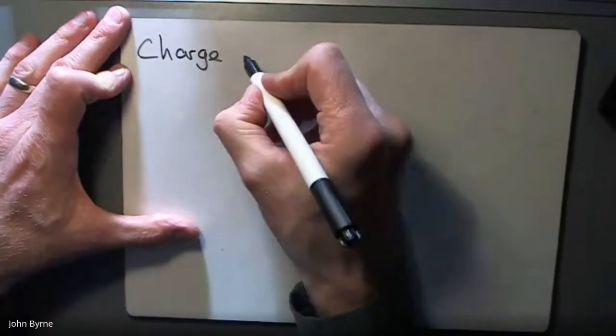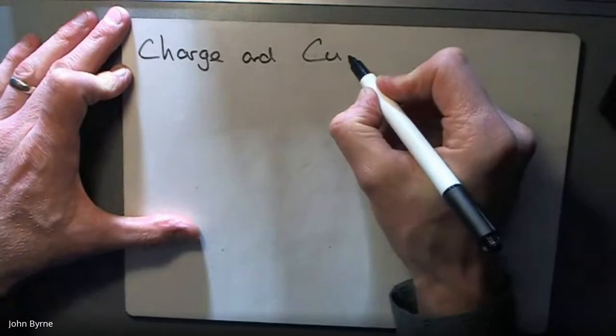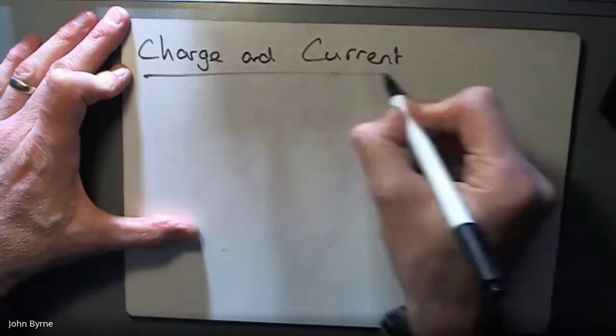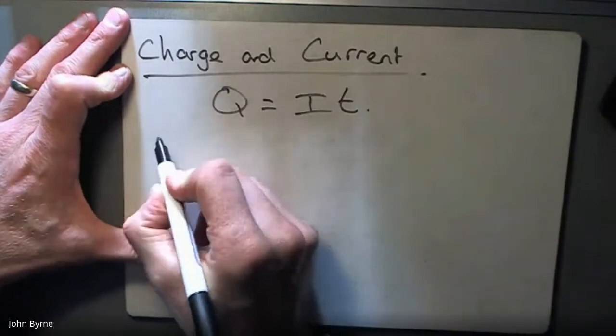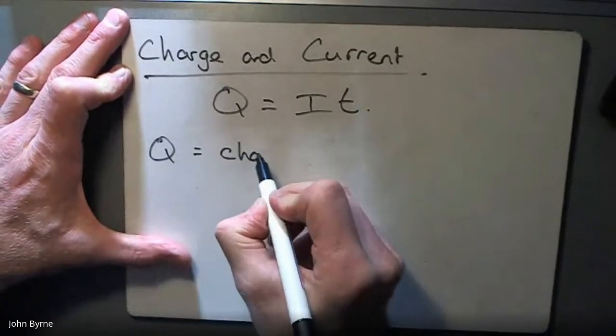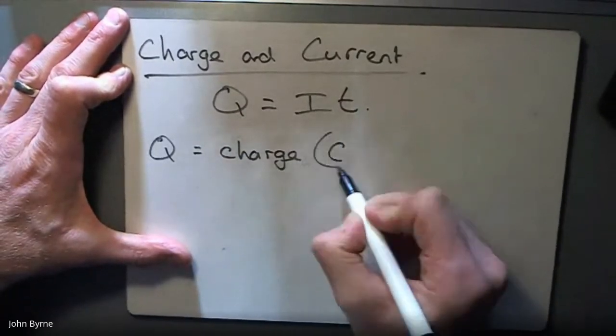We can have a look at charge and current. We have a formula Q equals IT. Q is the charge. We measure that in coulombs.